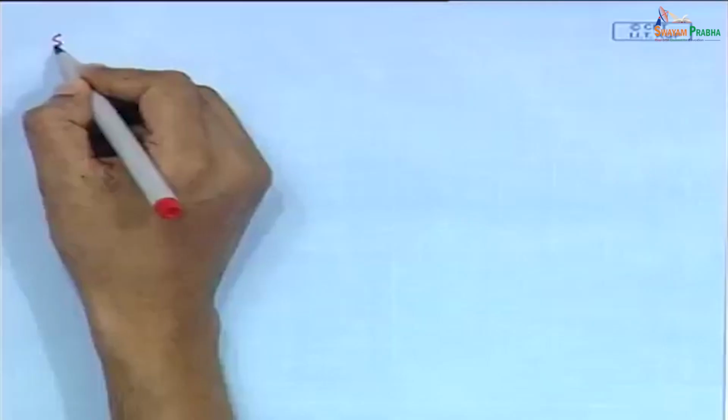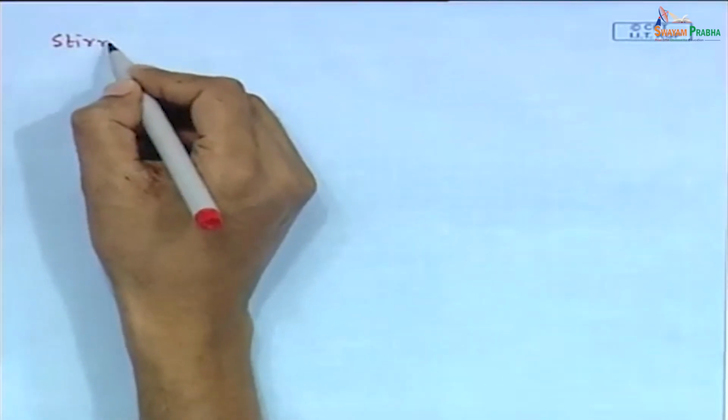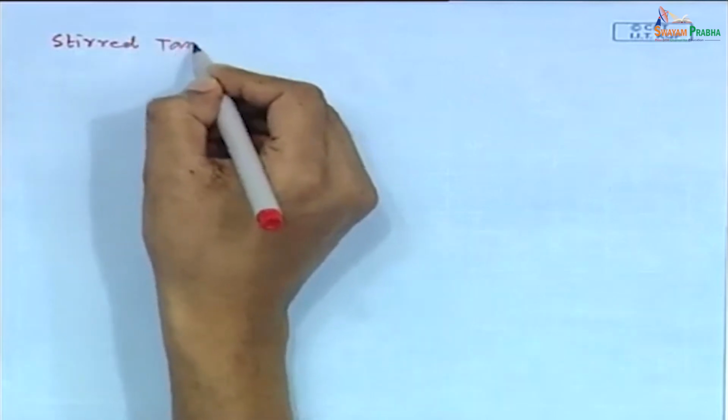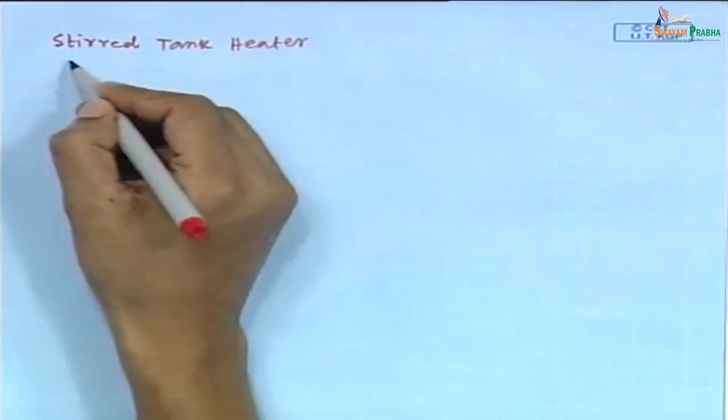Anyway, we will discuss these degrees of freedom by taking one simple example. We will consider the stirred tank heater example to describe this degrees of freedom analysis.